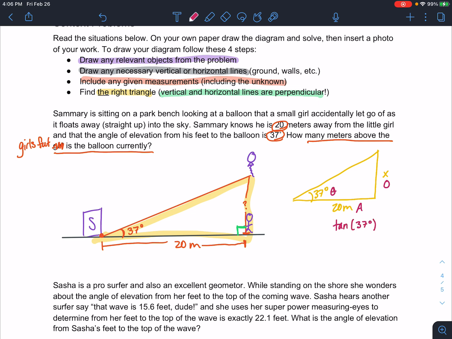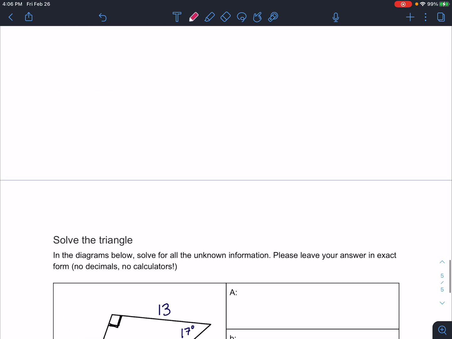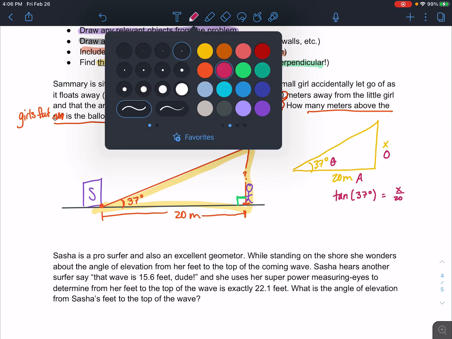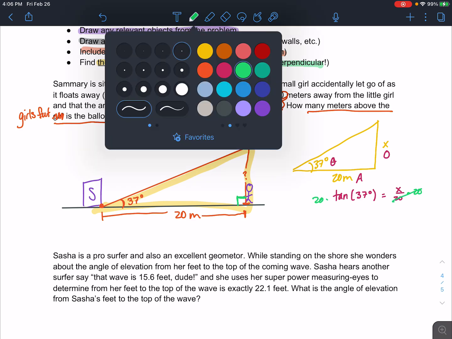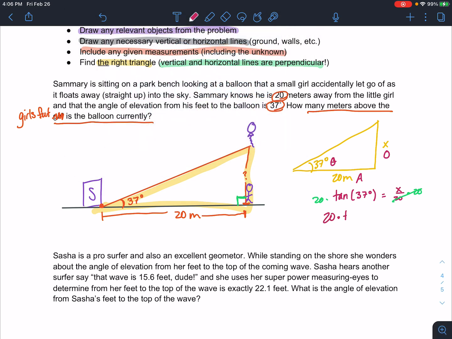Say tangent of 37 degrees is x over 20. And then I'm going to solve and get x by itself by multiplying by 20 on both sides. And I find that 20 times tangent of 37 degrees is equal to x.